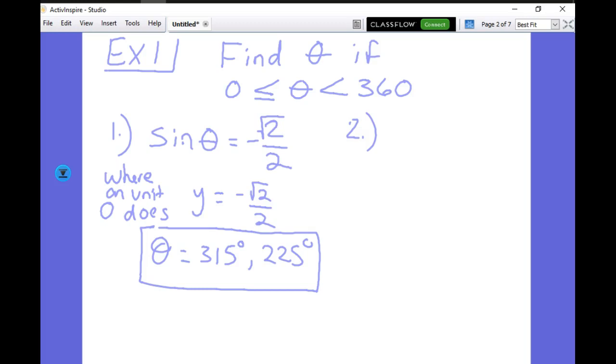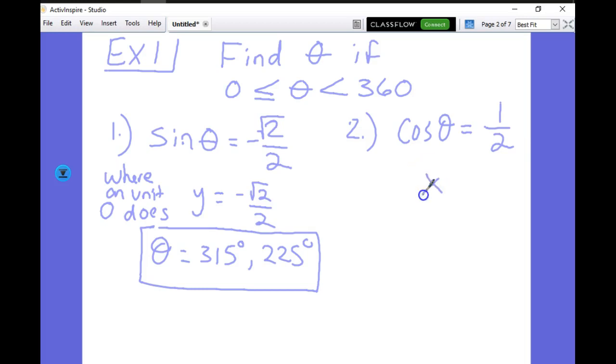All right, so let's do another one. Let's do cosine of theta is equal to a half. All right, so cosine is the what value?